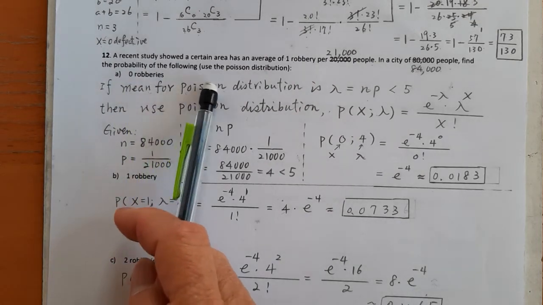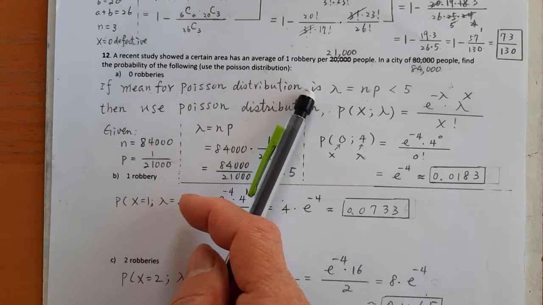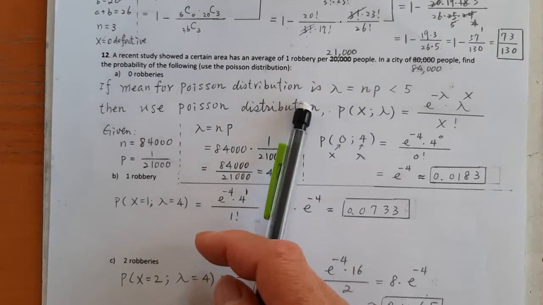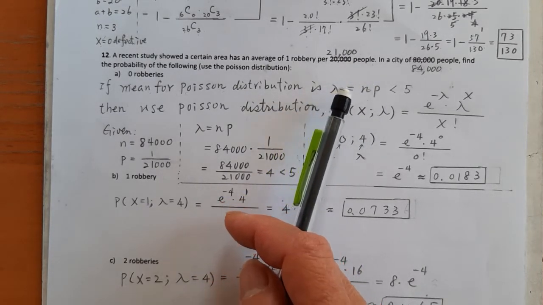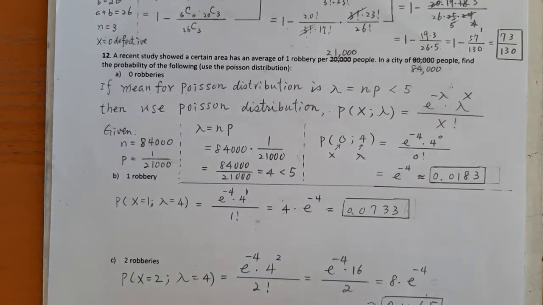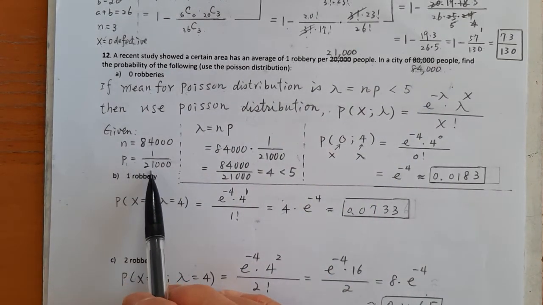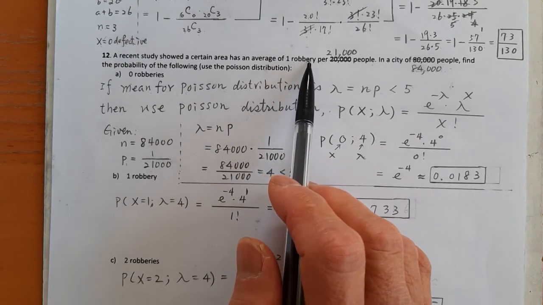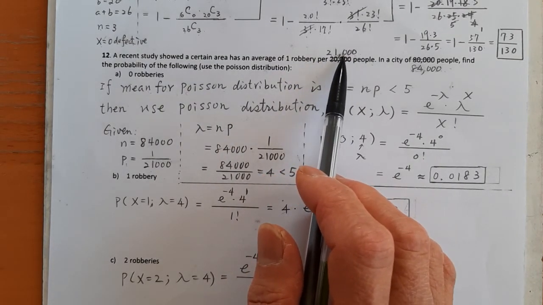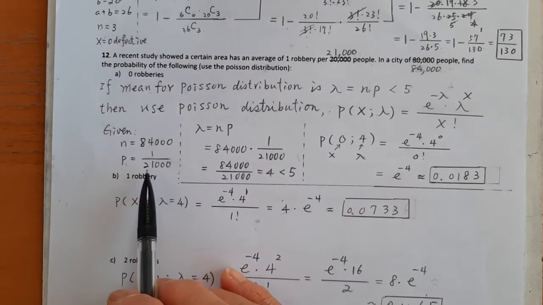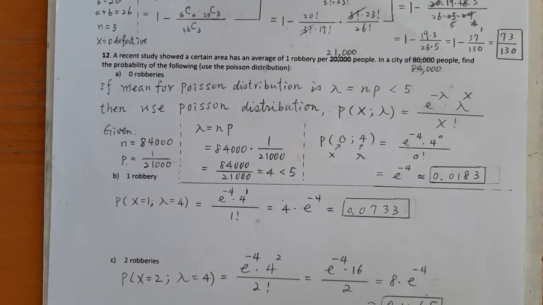If the mean for binomial distribution is n times p, for Poisson distribution the mean we use lambda. It's the same formula as binomial distribution mean, n times p. If less than 5, like this, given n is 84,000, then p is what? 1 robbery per 21,000 people. So 1 out of 21,000 is the probability of robberies.